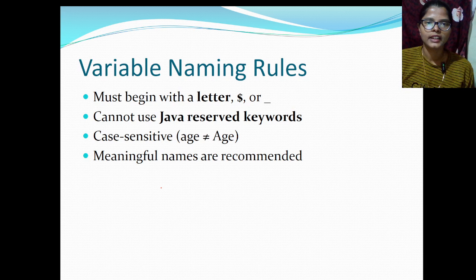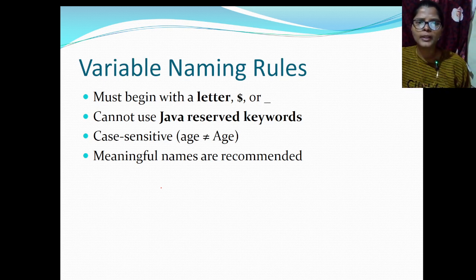The variable should not start with any numbers, it should always start with letters, and it should not use any reserved words which are already being used. In our family, your sister already has a name, so do you use the same name for yourself? No, right? There will be confusion between you and your sister. There should be different names.